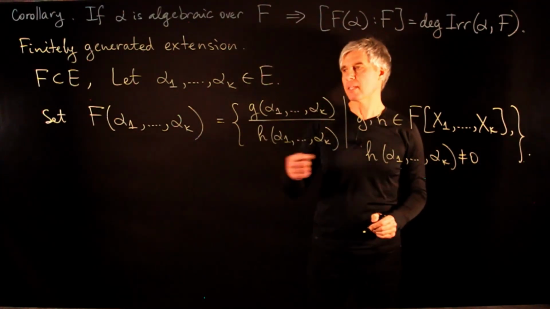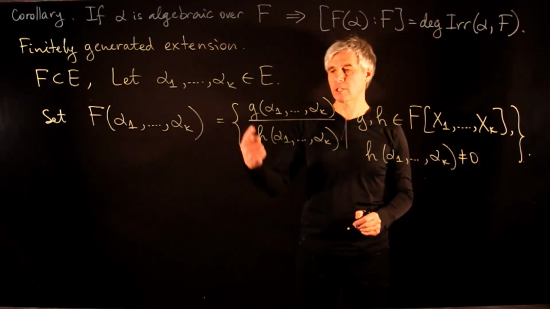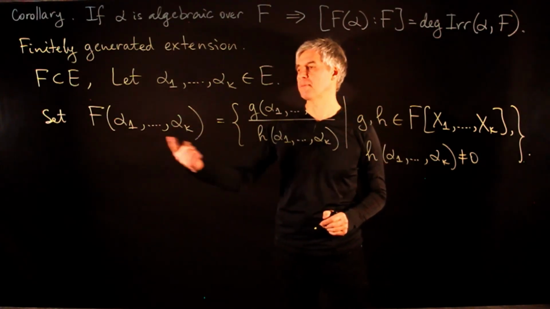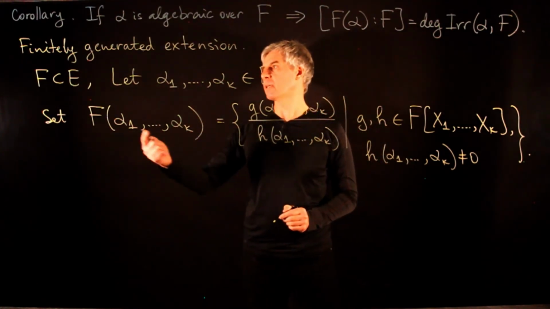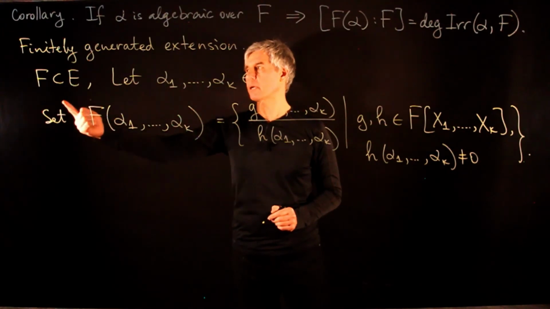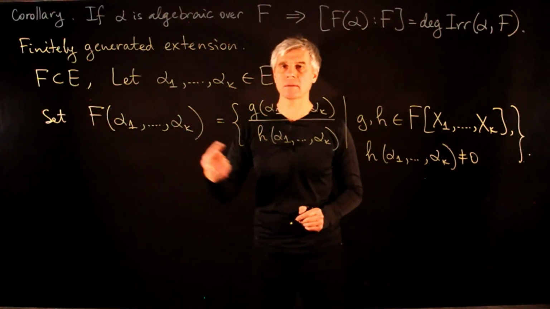So clearly the subset in E of all such expressions will form a subfield. And a subfield in E is called finitely generated over F if it has this structure.